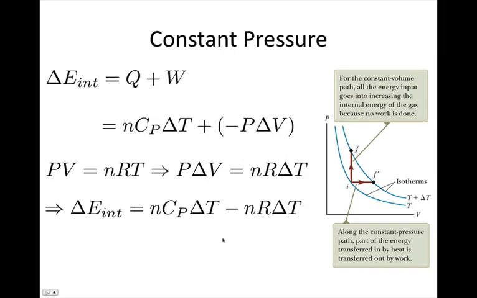And now remember that we said that the change in internal energy didn't depend on which path we took. So this change in internal energy is the same as the change in internal energy when going from I to F, the constant volume case. So this is equal to nCV delta T. So now what we can do is solve these two equations simultaneously, as they're both equal to the change in internal energy.